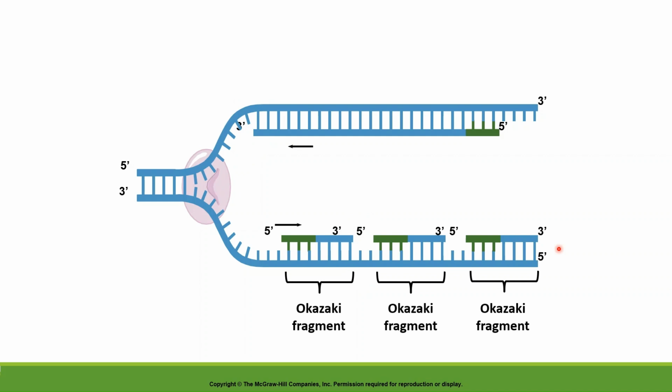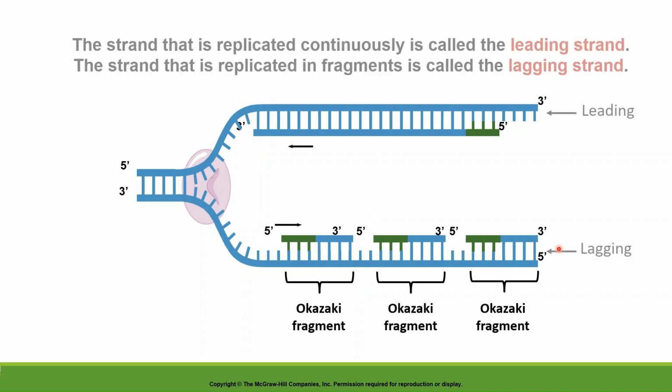His name was Dr. Okazaki, and so we have the Okazaki fragments here. Again, the one that's made continuously towards that replication fork is called the leading strand, and the one that's made segment by segment is a little bit behind, and we simply name it the lagging strand, and it contains these Okazaki fragments.